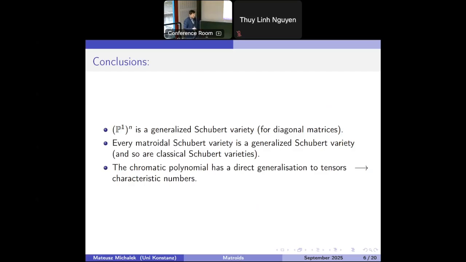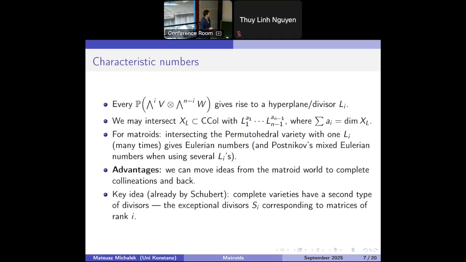But you may object. I mean, okay, so you made some analogy. Before I am objected to, let me make it slightly more formal. So our complete collineations live in products of such projective spaces. And as always, when you have a variety in a product of a few projective spaces, every single projective space gives you a hyperplane.